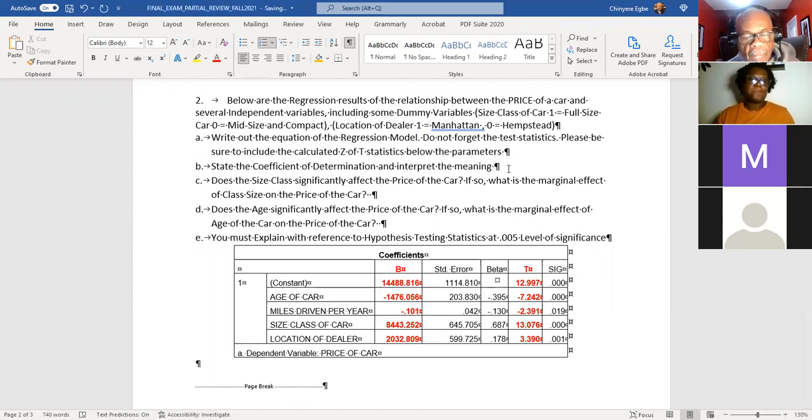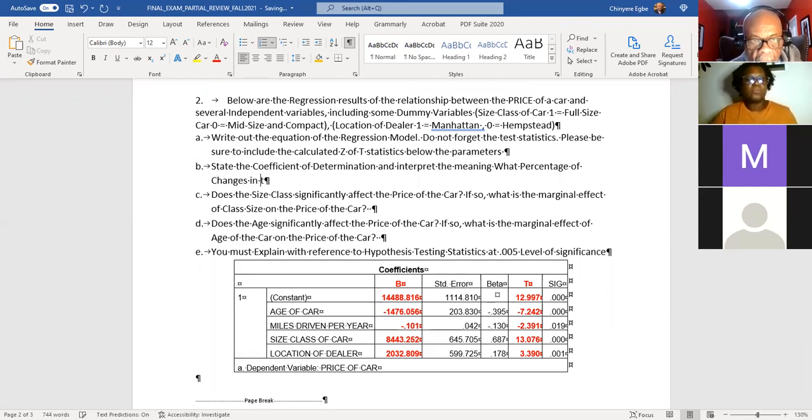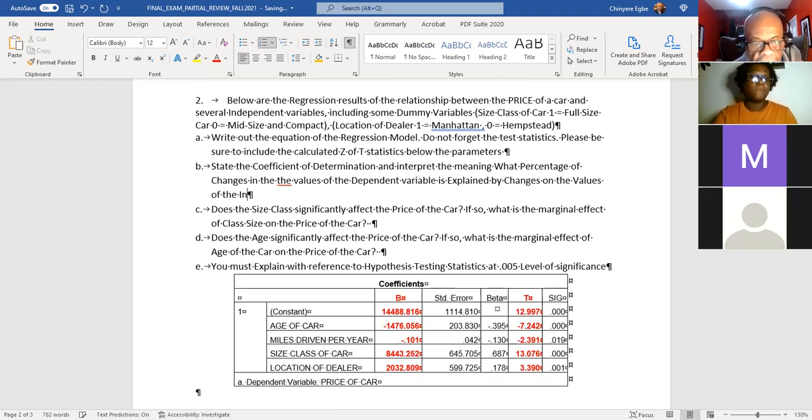The meaning is what percentage of changes in the values of the dependent variable is explained by changes in the values of the independent variables. This is what the coefficient of determination tells you.